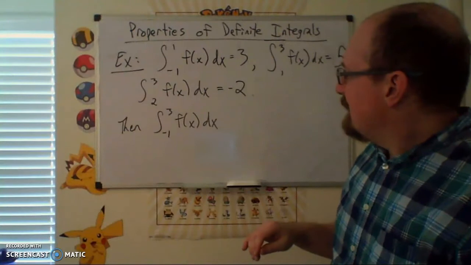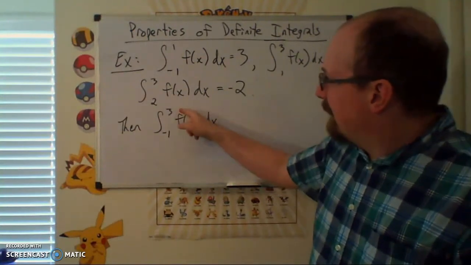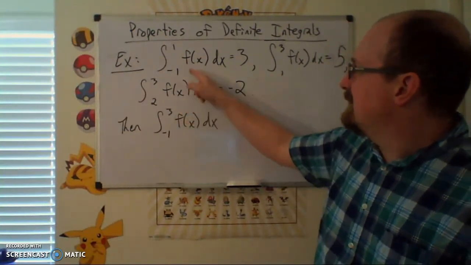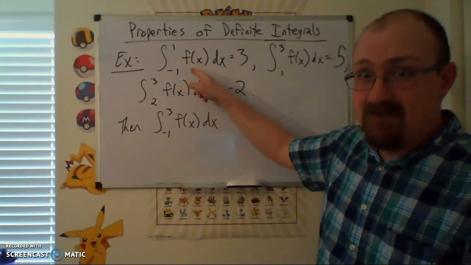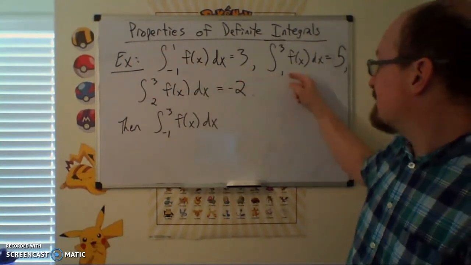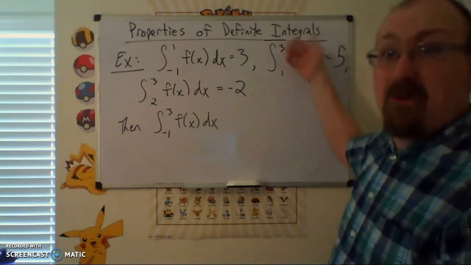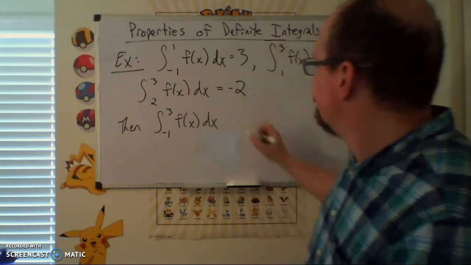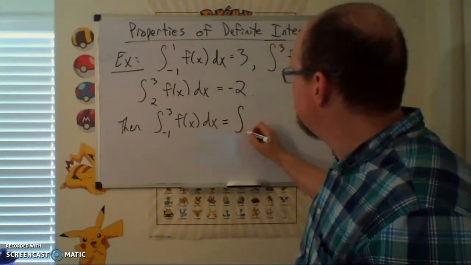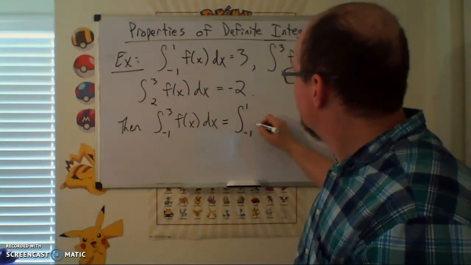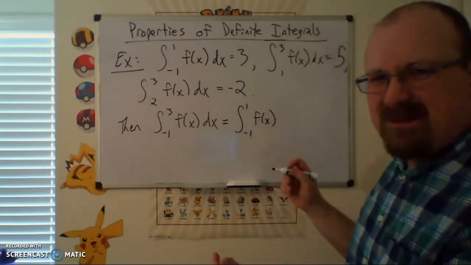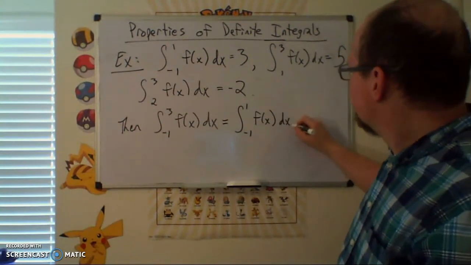So, we want to know what's happening from -1 to 3. Well, this tells us what's happening from -1 to 1. That's good. Then we've got something that tells us what's happening from 1 the rest of the way out to 3. So, invoking that splitting property, I'm going to use 1 as my splitting point.